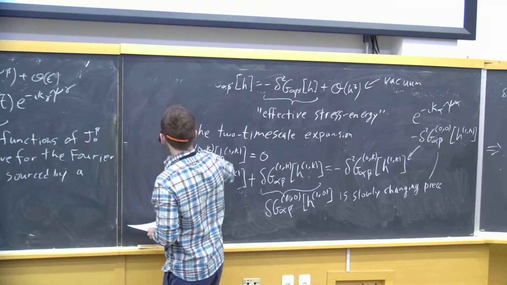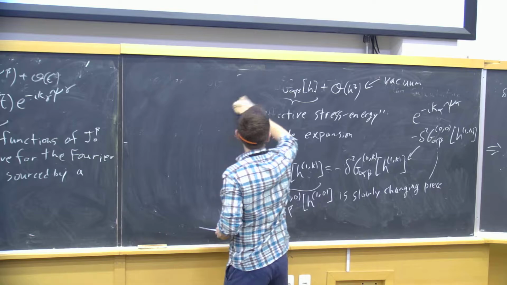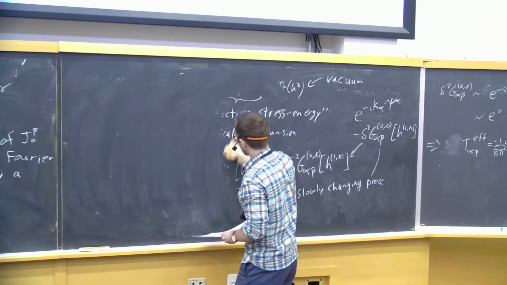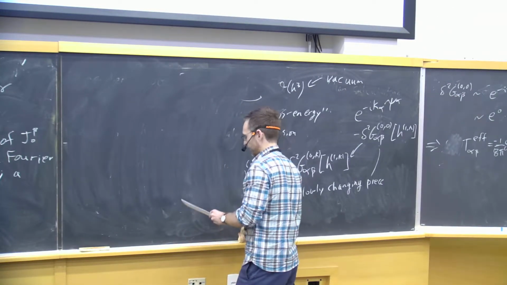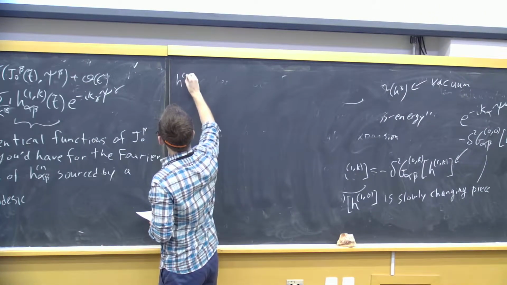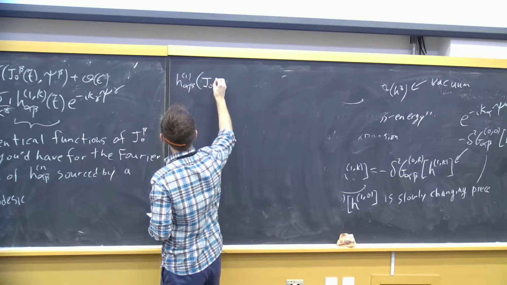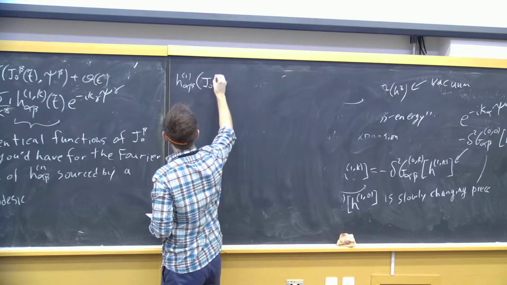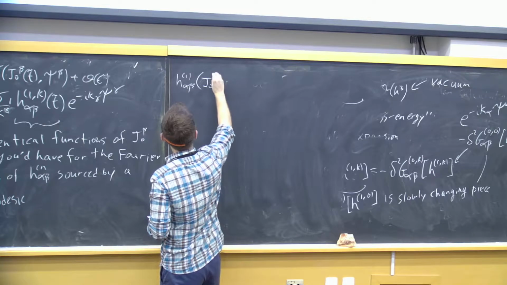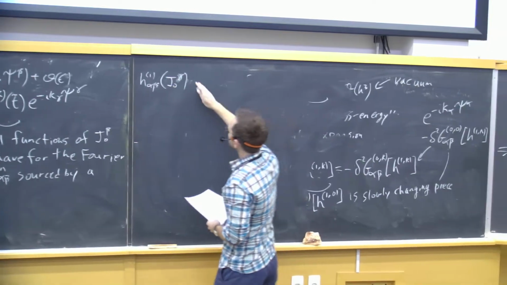So if you're just doing the Fourier series for a geodesic particle, what you have is H1 alpha beta of J0, gamma, where these are not evolving with time.